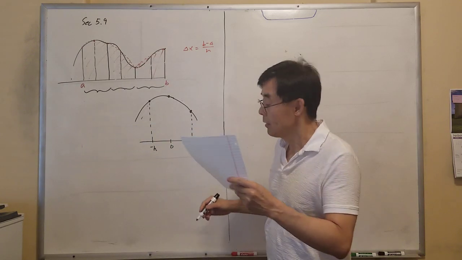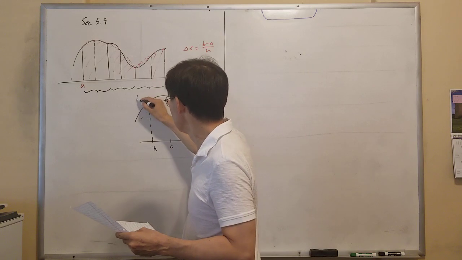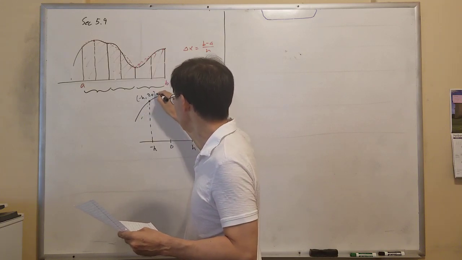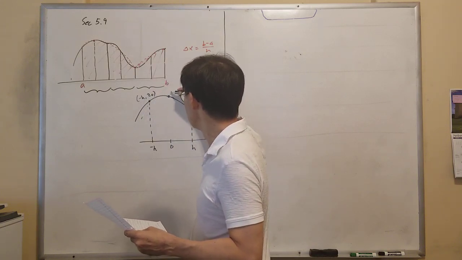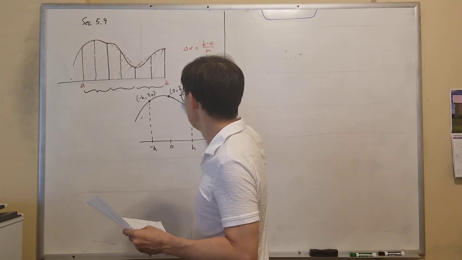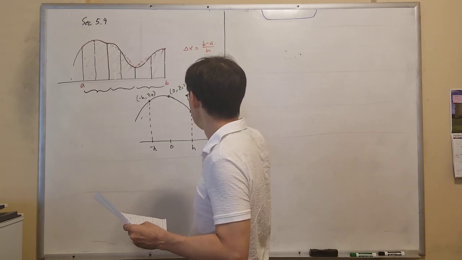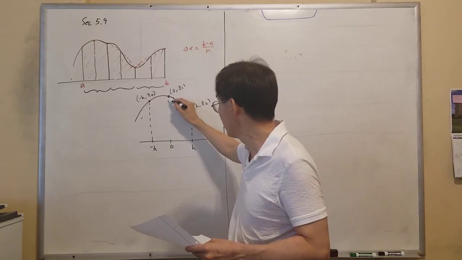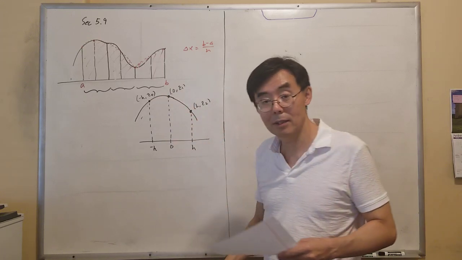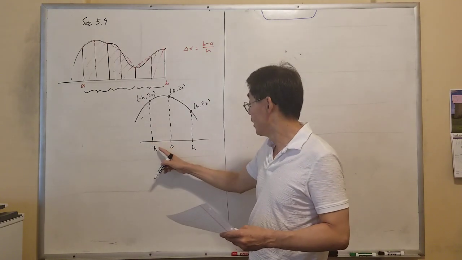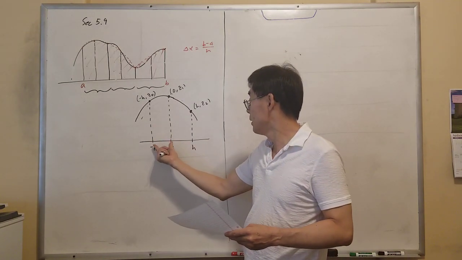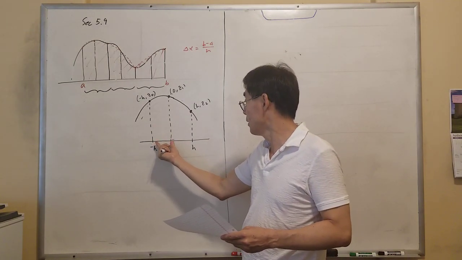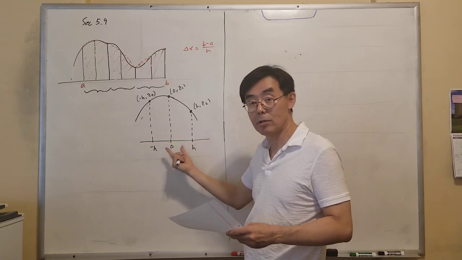This is minus h, z0, this is 0, z1, and h, z2. So z0, z1, and z2 are the y coordinate values of these 3 points, and the interval size is h, right?